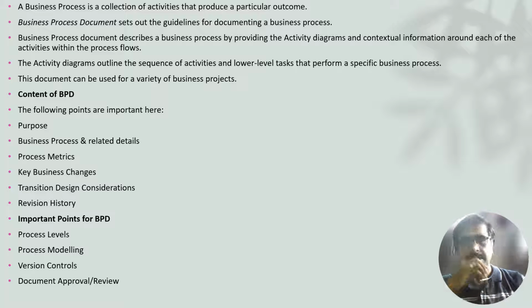That is important. And revision history. You need to give a revision history, say starting from a particular year, 2011 to 2021. If you are doing the initial configuration or initial execution in 2011, you need to give version 1.